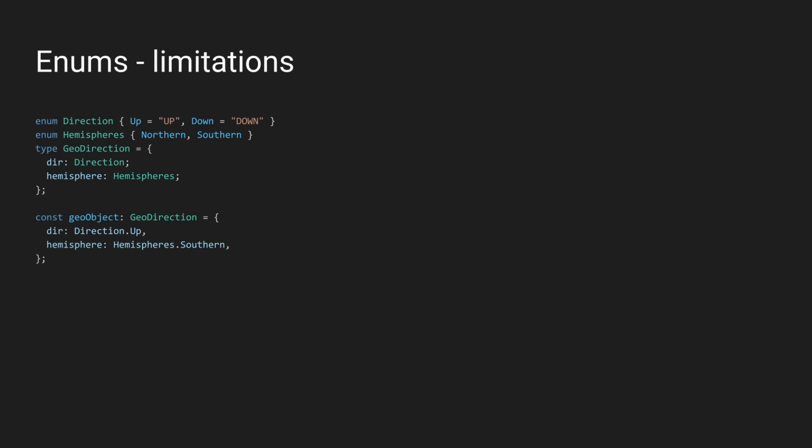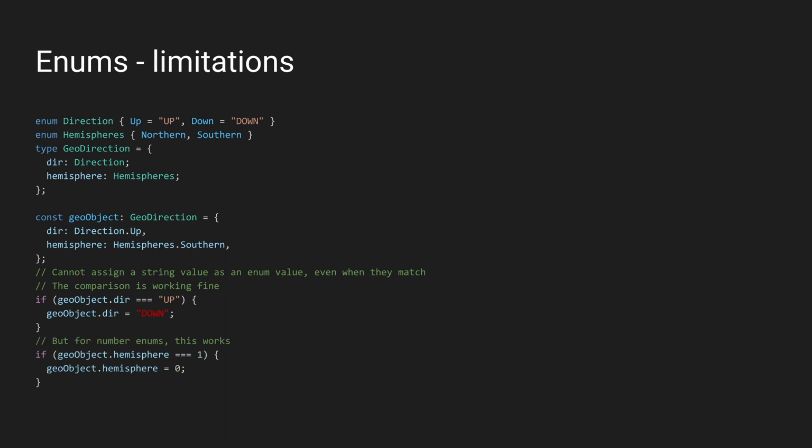We created an enum Direction and an object which contains this kind of value. When we are comparing a string enum to a string, the code looks fine. The moment we are trying to assign the same string value to the key, TypeScript will report an error. This situation does not exist with numeric enums. Why is it a problem though?